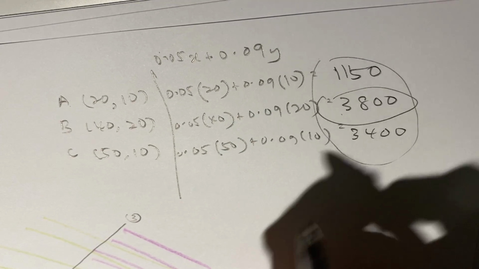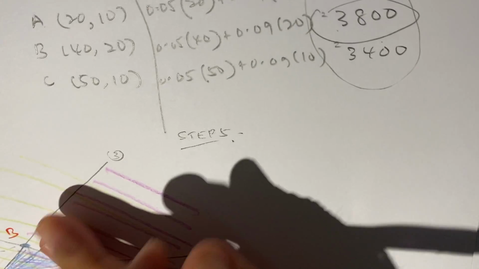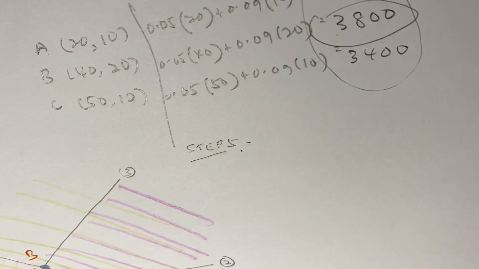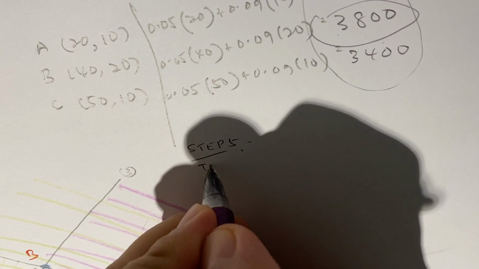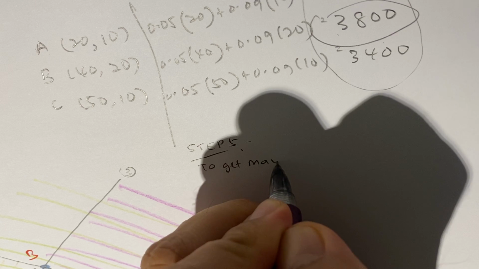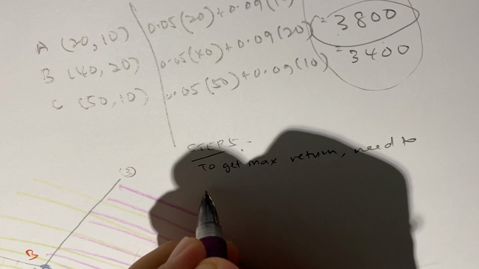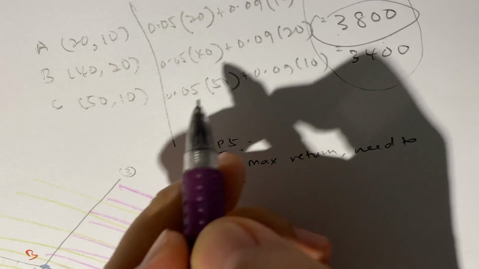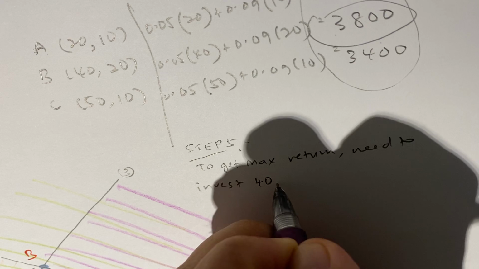This one. So step number 5, we simply need to interpret. To get the maximum return, how much do we need to invest? $40,000.